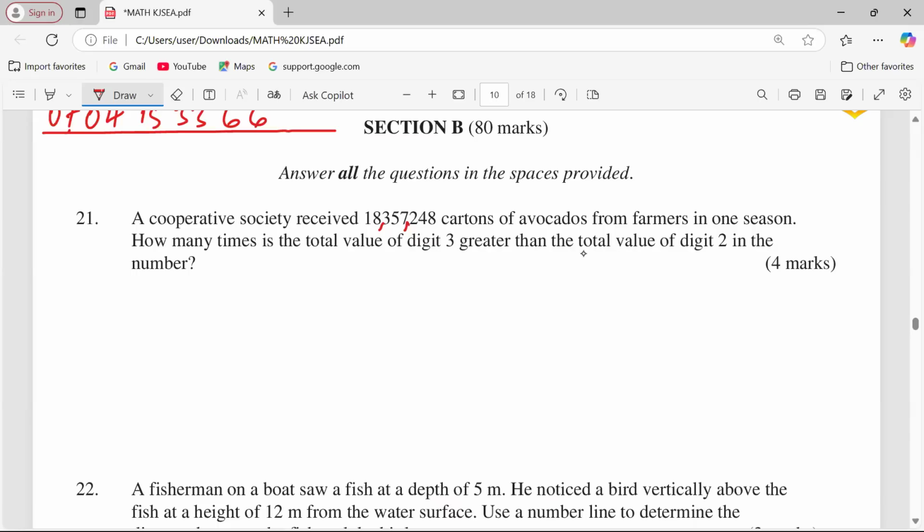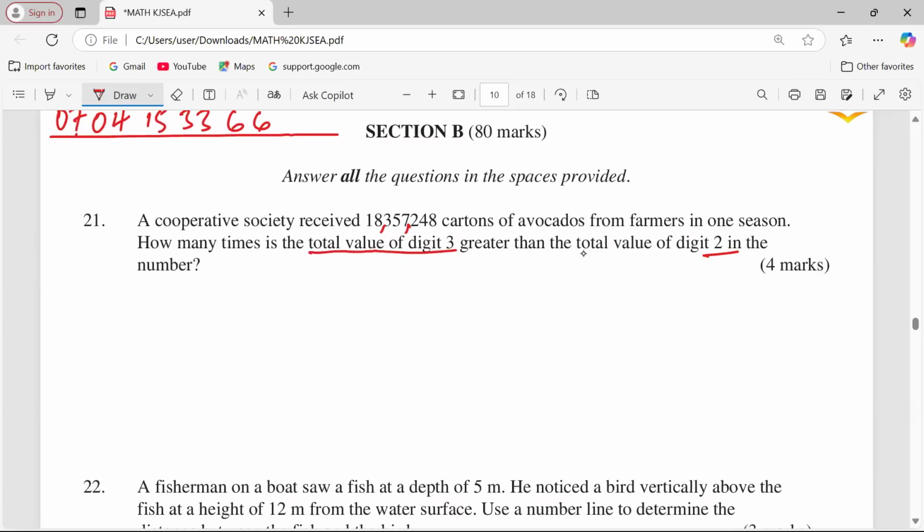How many times is the total value of digit 3 greater than the total value of digit 2 in the number above? The total value of digit 2 is at the position of hundreds, so it's 200. The total value of digit 3 is at hundreds of thousands, so 300,000.